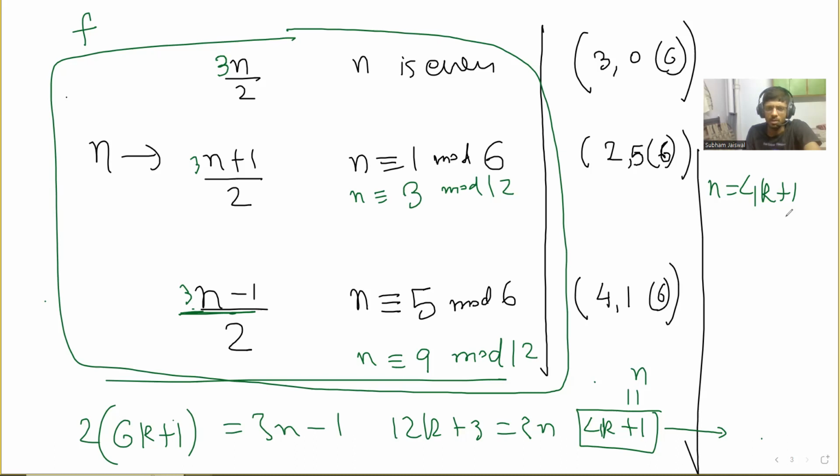Any n which is 1 modulo 4 works. Right, so now we just need to say what it can be modulo 12. So n can be 1 modulo 12.